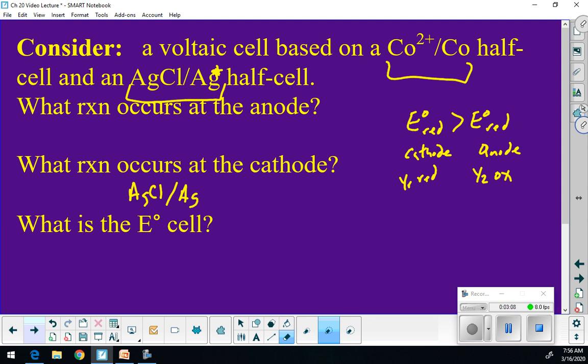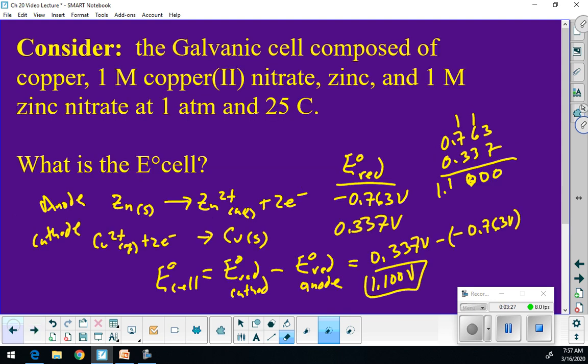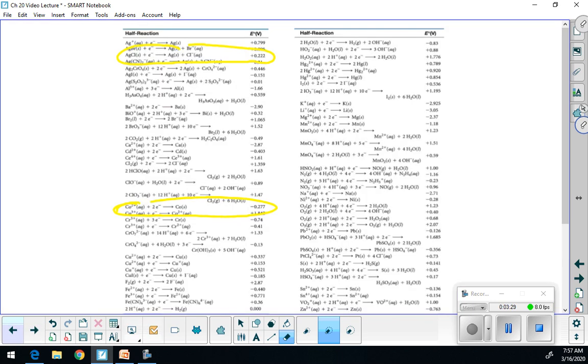What's that reaction? It would be AgCl solid going to Ag solid plus Cl minus, and an electron, of course.